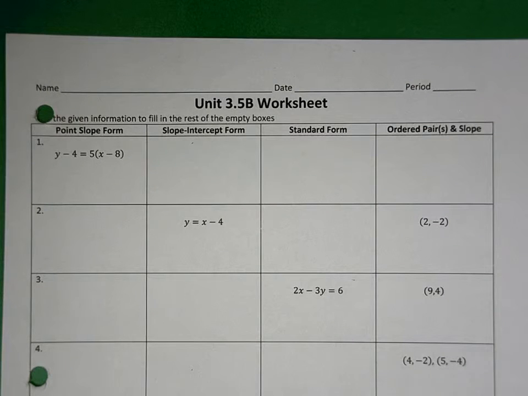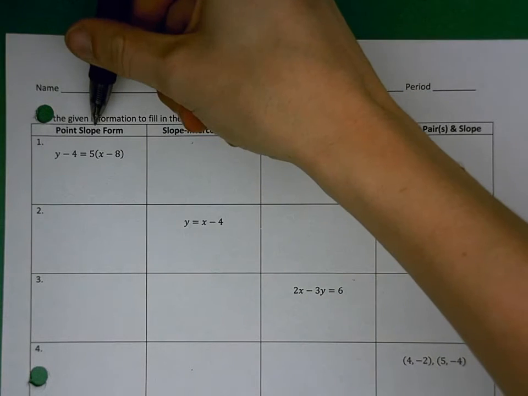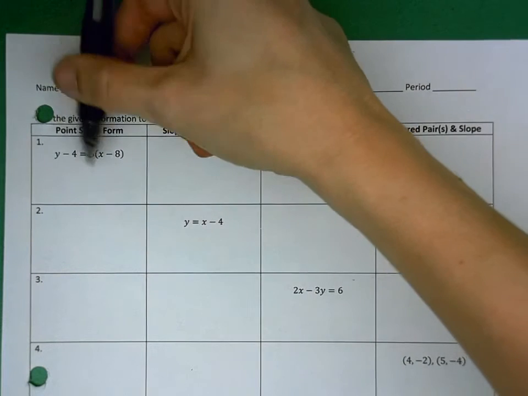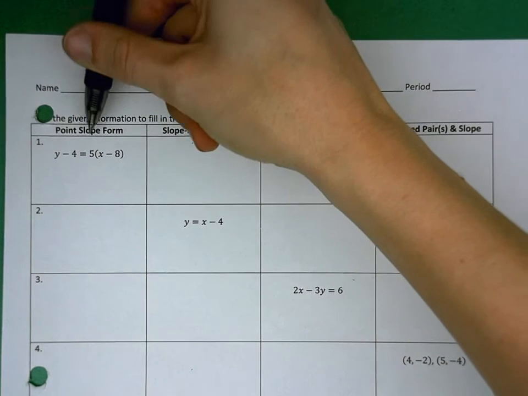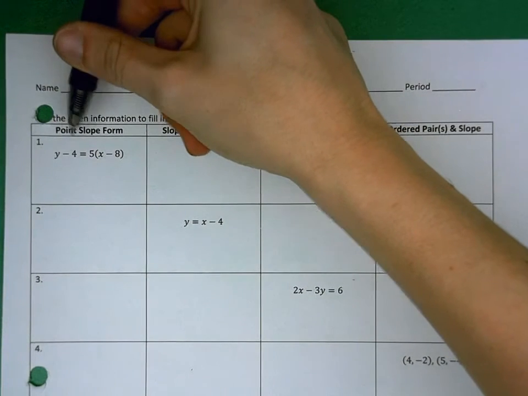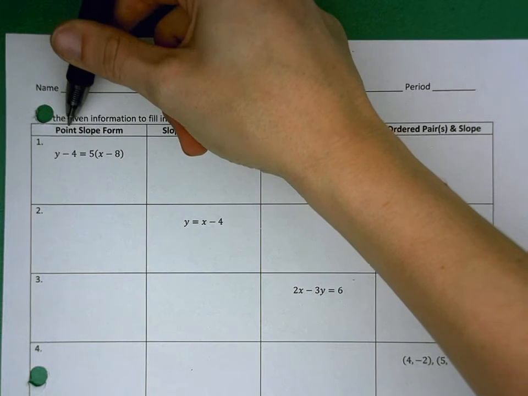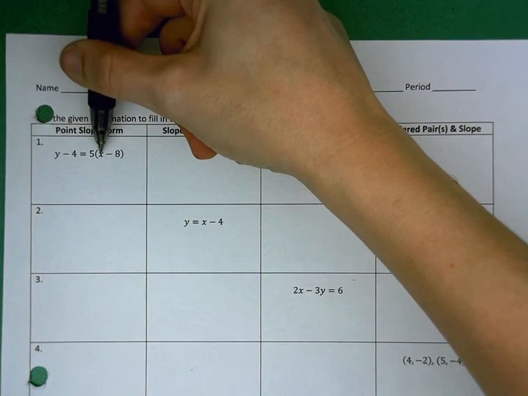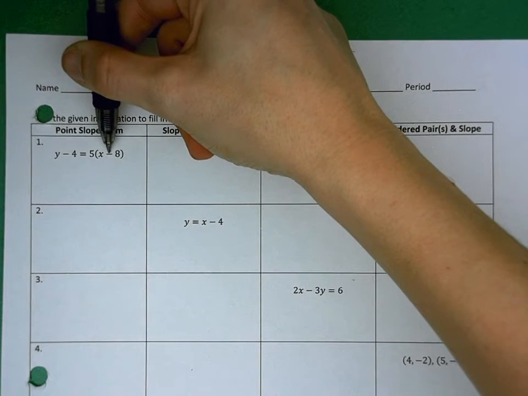Okay. And so I'm actually going to start with this last box first, because the nice thing about point-slope form is it's true to its name. You have the point and you have the slope inside your equation. The point is always the numbers attached to the x and the y, and they're always the numbers behind the minus, right?